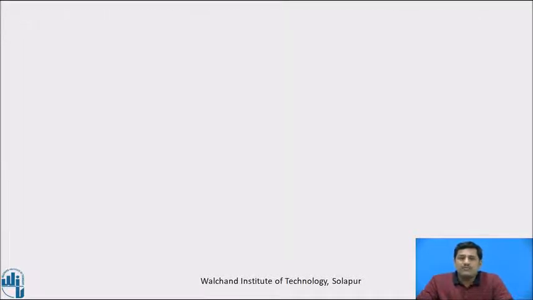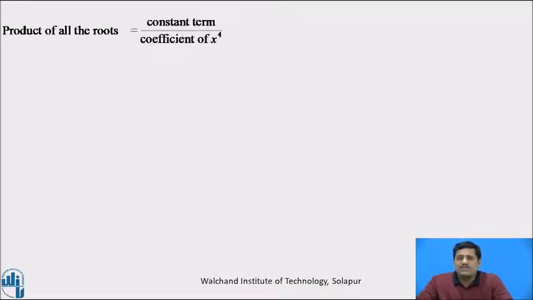Now again we know the result that the product of all the roots is the constant term divided by the coefficient of x raised to 4. Now taking the product of all the roots on the left side and equal to, here the constant term is 5 and the coefficient of x raised to 4 is 1. Now this 1 plus 2i into 1 minus 2i, we know that the product of the conjugates is simply the sum of the squares of the real part and imaginary part.